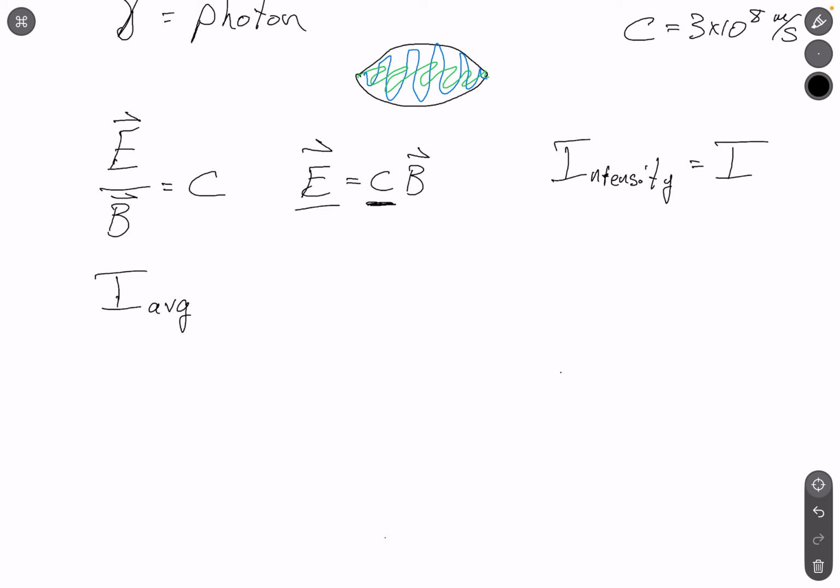And we want to talk about the average intensity. Our average intensity is C times epsilon naught over 2 times our maximum E field squared. What are the units? Watts per meter squared, because that's the unit of intensity.